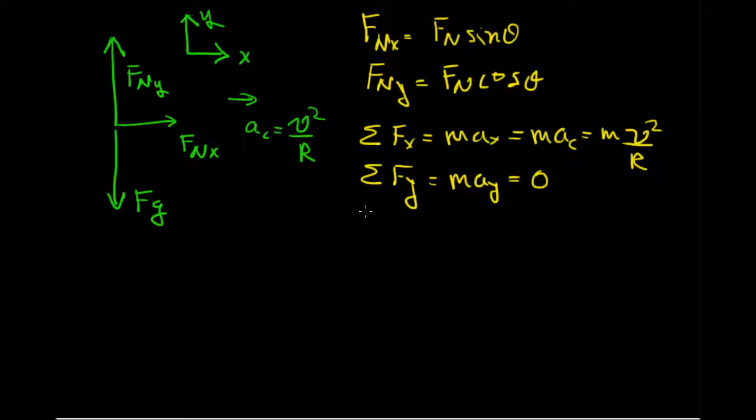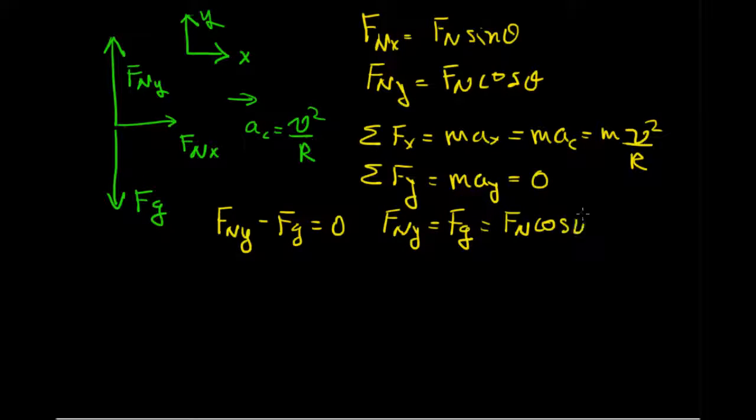And since I have the y here, I'll just go ahead and finish that out. The forces in the y direction say Fny minus Fg is equal to 0, or Fny is equal to the force of gravity, or Fn cosine theta is equal to mg.